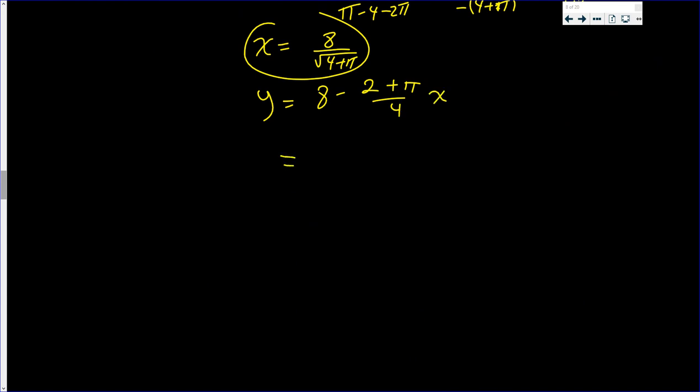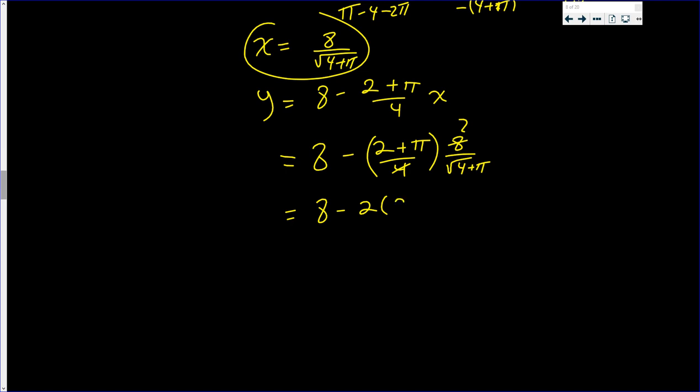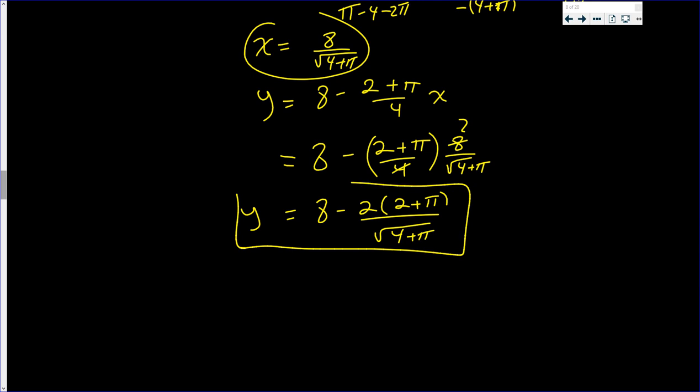So y is equal to 8 minus 2 plus pi over 4 times 8 over the square root of 4 plus pi. 4 goes into 8 2 times, so you get 8 minus 2 times 2 plus pi over the square root of 4 plus pi. That is what y equals.